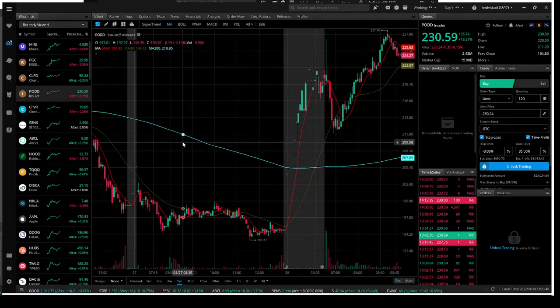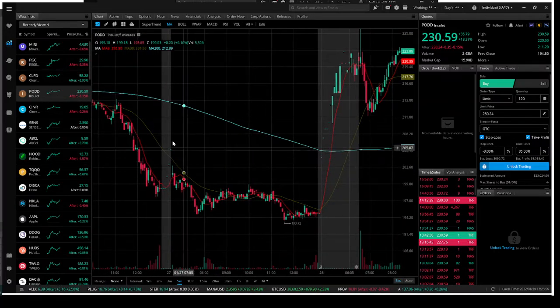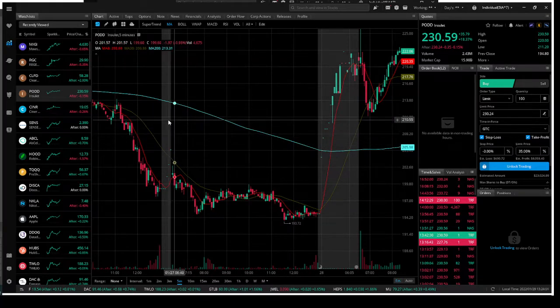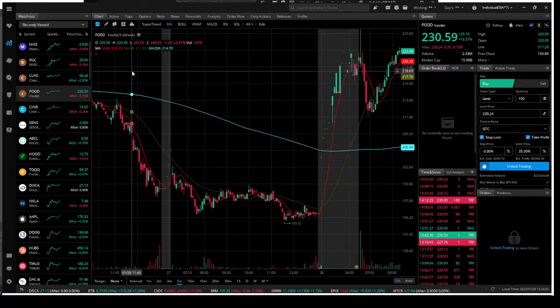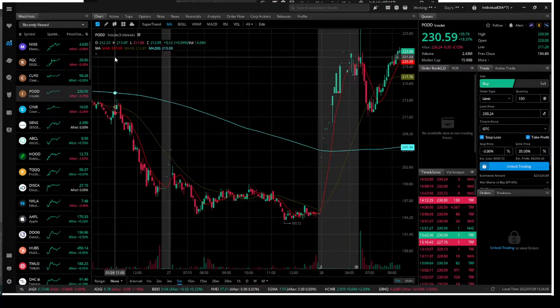Okay, the next indicator which we are going to be using here is the Bollinger Band. And if you use Webull, specifically Webull, you will have a lot of benefits from what I'm gonna talk about. Under indicators, click on indicators, and while there, you will see all these options.